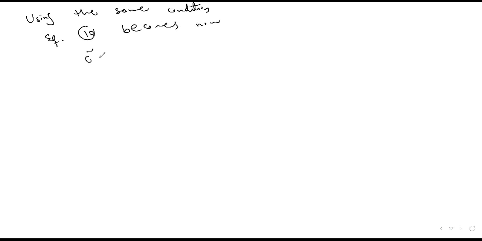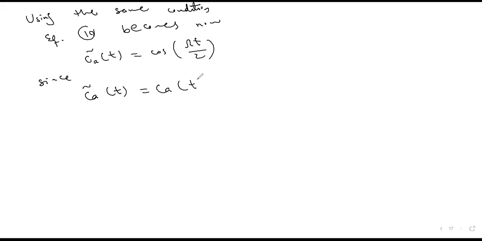Similarly, for equation number 10, using the same conditions, Ca tilde of t equals cos of omega t by 2, since this just equals Ca of t. So I think I should put tilde here and not here.